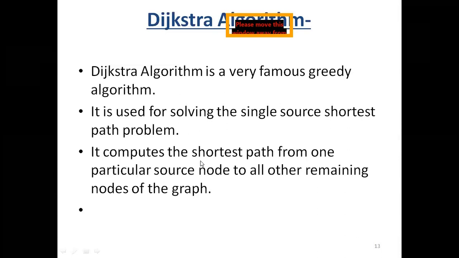So it is used for solving the single source shortest path problem. It computes the shortest path from one particular source node to all other remaining nodes of the graph.